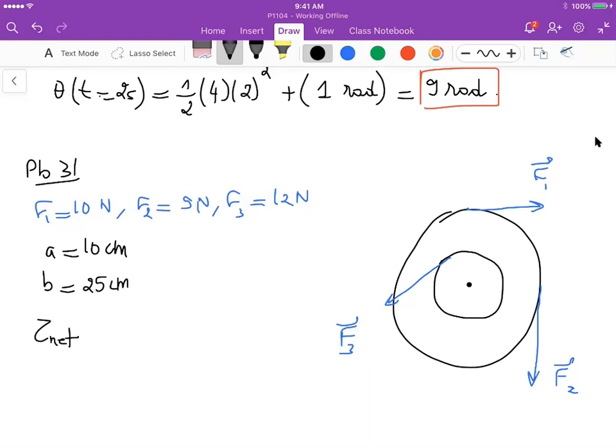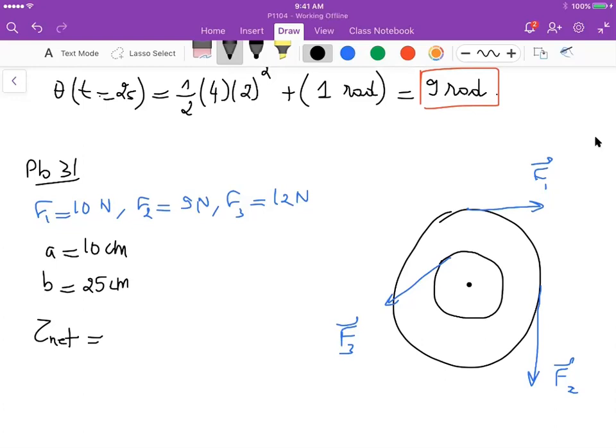As you know, if you have an object like a block and you're asked about the net force acting on this object, you would say the sum of forces is equal to F1 plus F2 plus F3. And it is the same case when we deal with rotational motion. The only difference is that we're not talking about the force anymore, but about the torque.